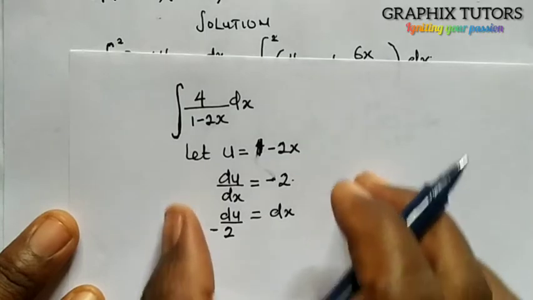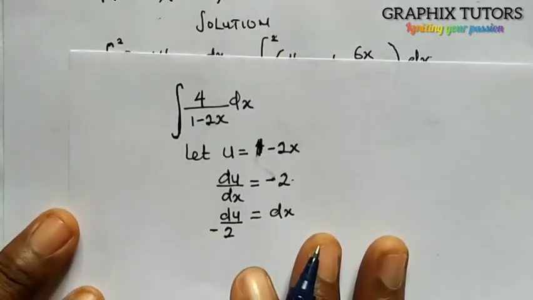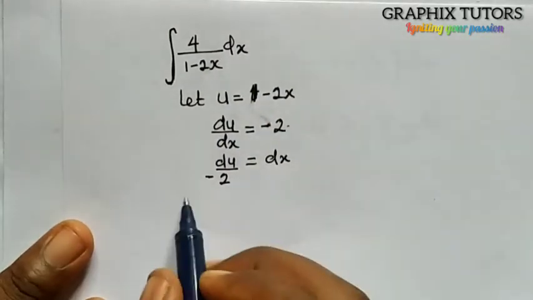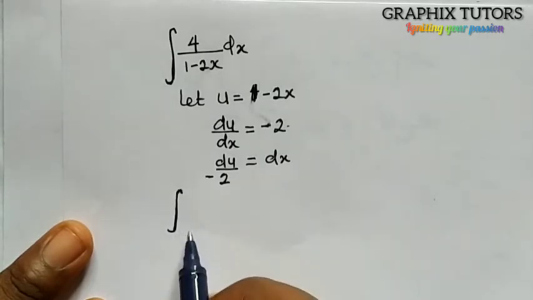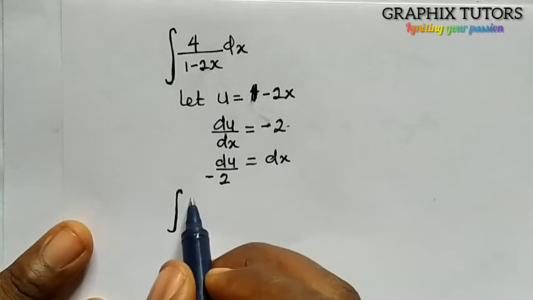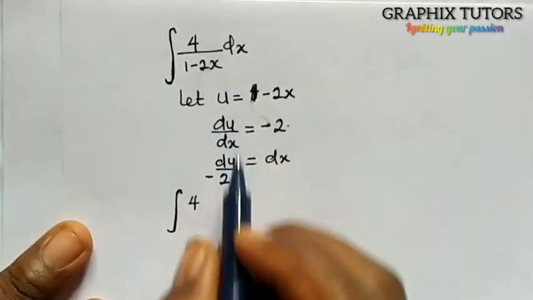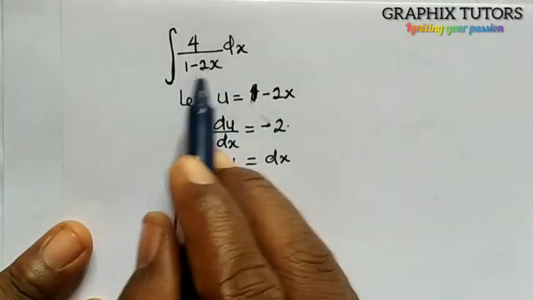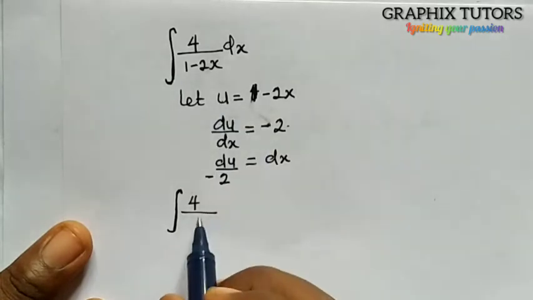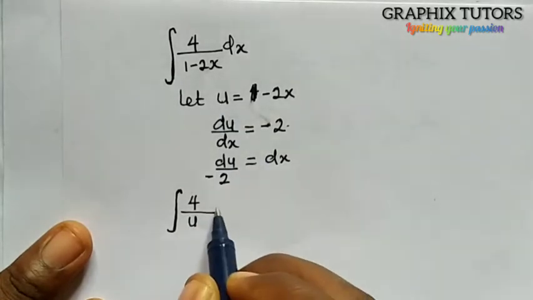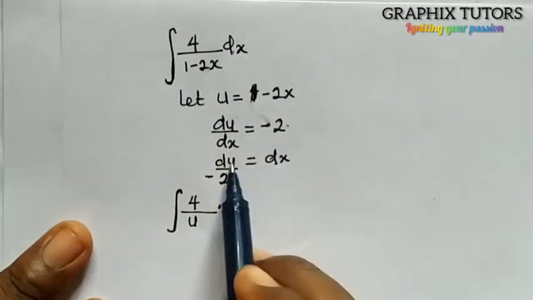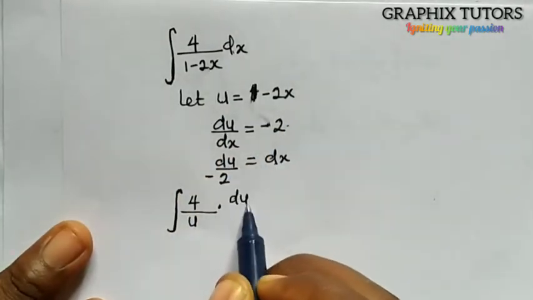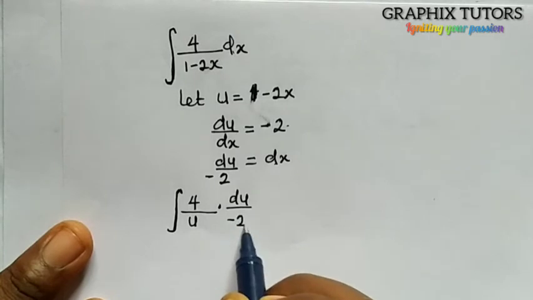So I'll put my value into this sign here. In doing that, I'm going to have the integral of 4 all over u, because I've already said 1 minus 2x is equal to u, multiplied by dx. What is dx? dx is du all over minus 2.